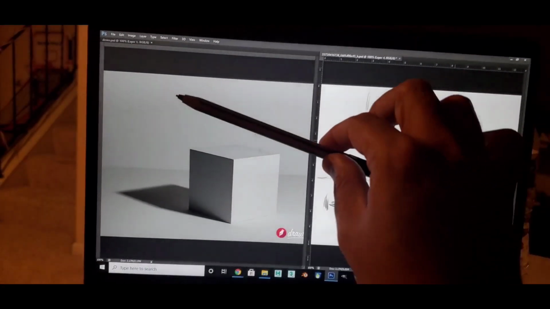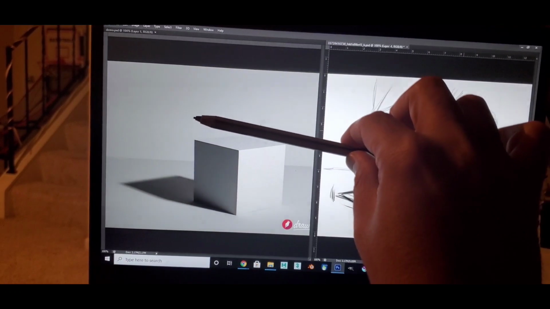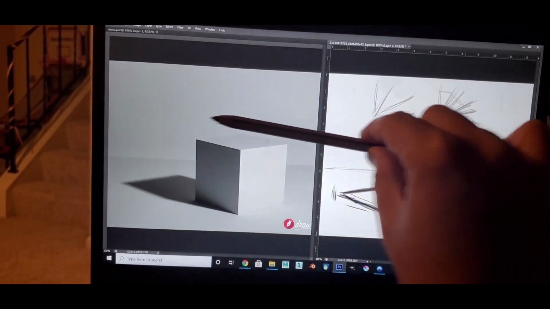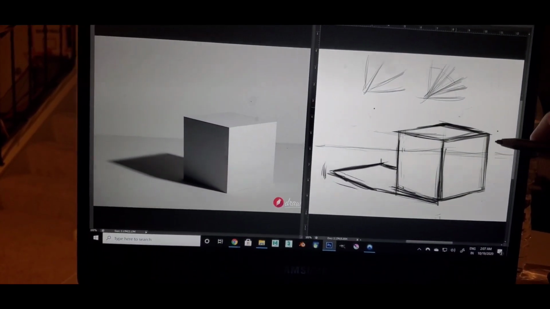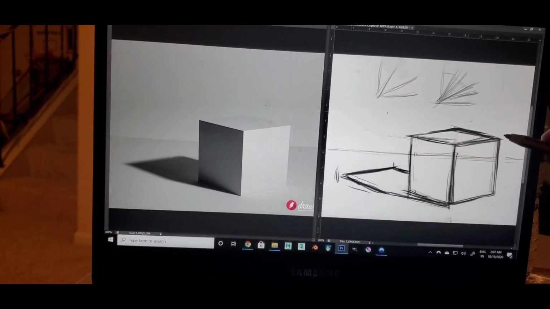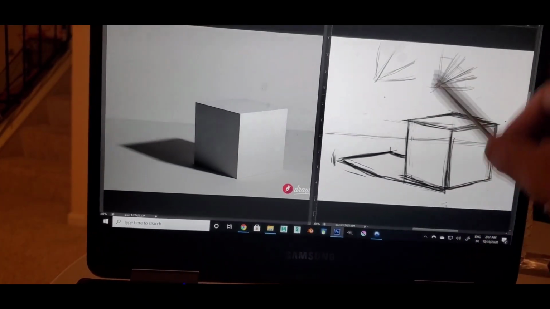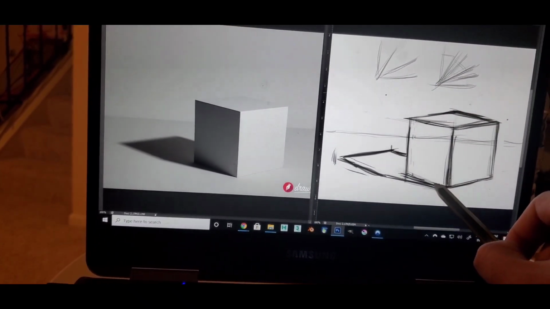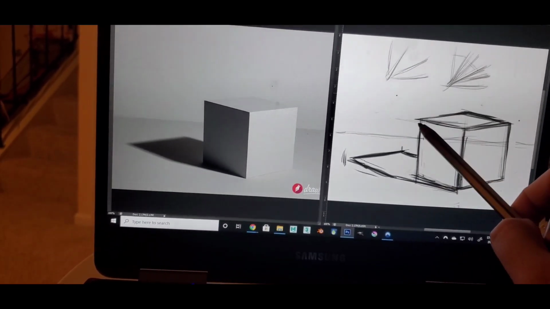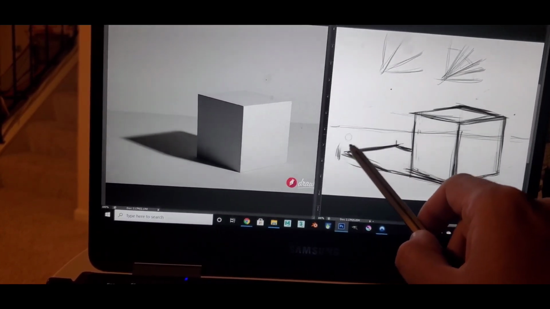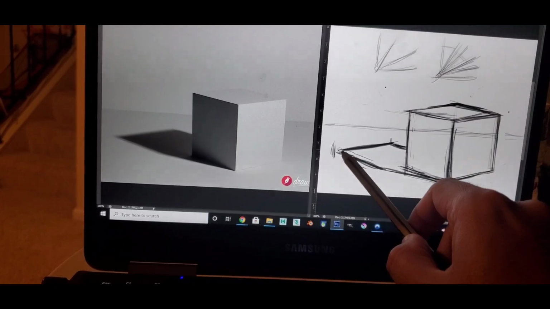We have used our pencil to analyze the angles and measure the negative space, and obviously you know how to make straight lines now. So the pending part is shading. Don't worry about that shading part, I will demonstrate it to you later.